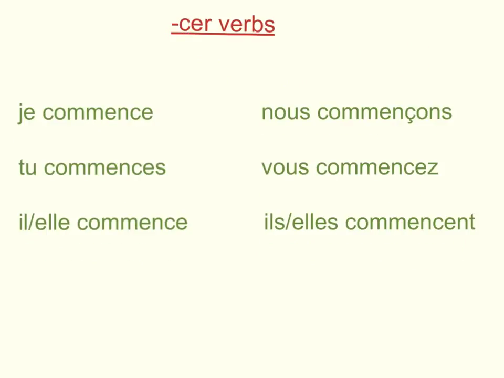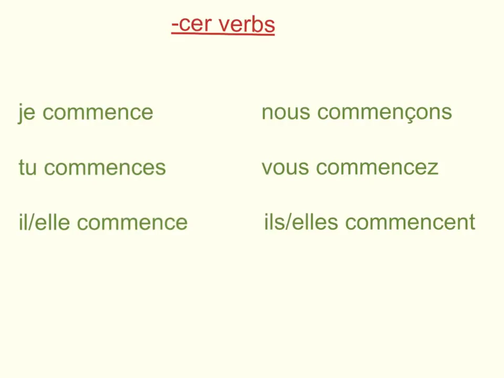Okay, CER verbs. And you'll notice here, just like with manger, all of the other forms, except for nous, are conjugated like a normal ER verb. The only change is in the nous form. So let's just skip ahead and look at the nous form. So remember, commencer means to start.